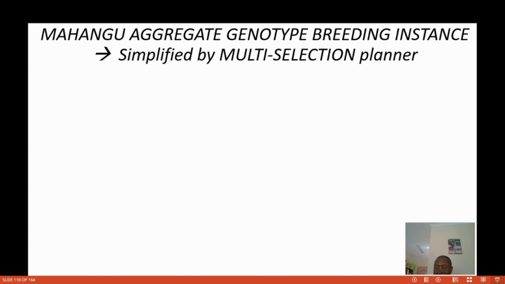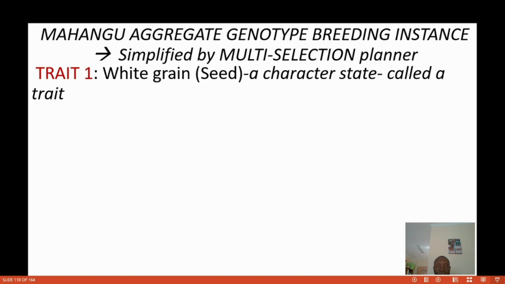An example here is when we talk about combining traits, which I mentioned before: the multi-selection planner, where you want to hit two birds with the same stone, two traits with the plant breeder's stone.